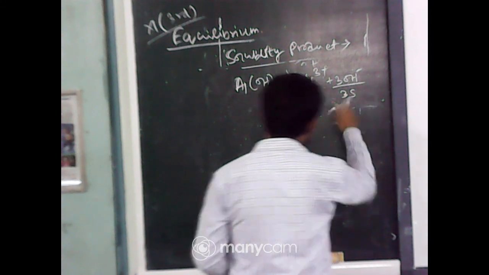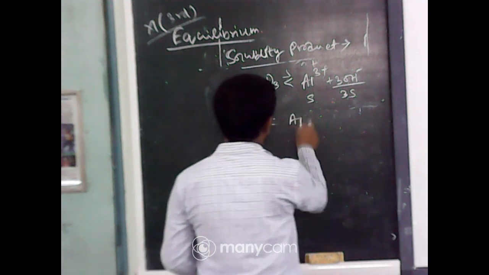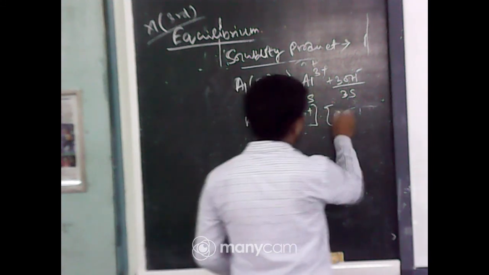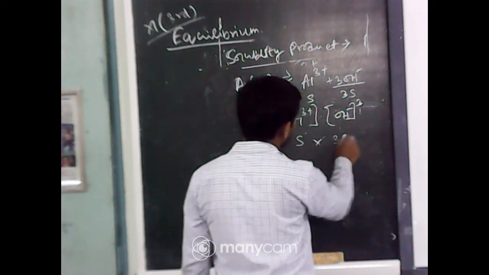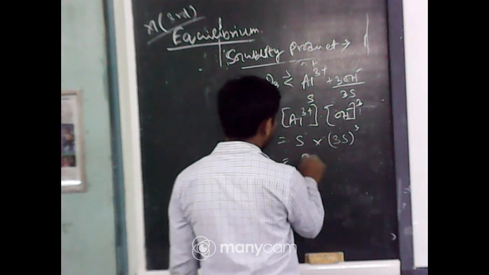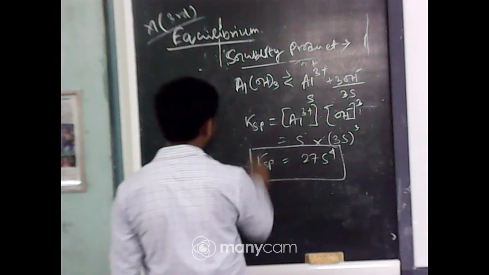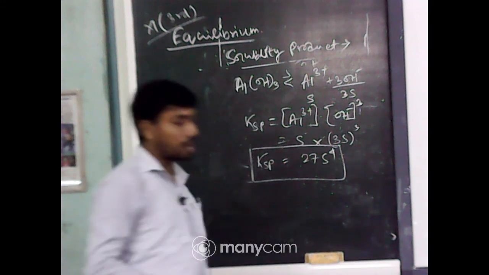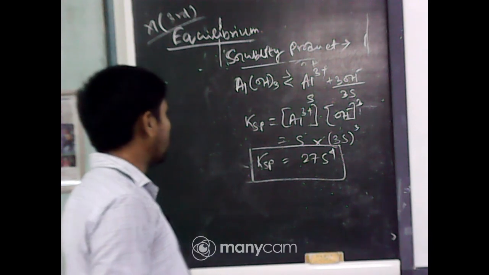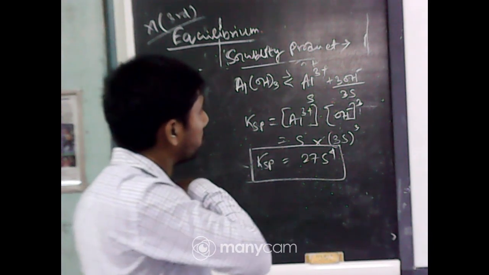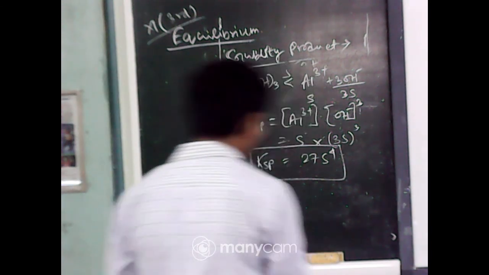Now, Ksp is equal to Al3 plus into OH minus to the power 3, that is S into 3S cube, which is 27 S to the power 4. So, Ksp equals 27 S to the power 4 for aluminum hydroxide. Okay. So, in this way we can calculate. Yes, very good, 27, very good, Ankon.